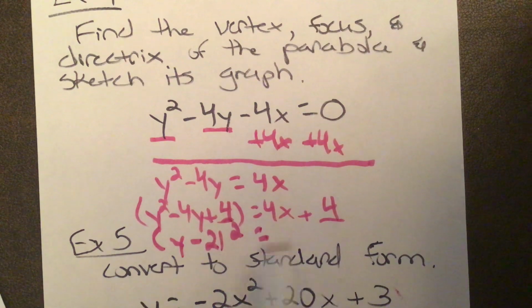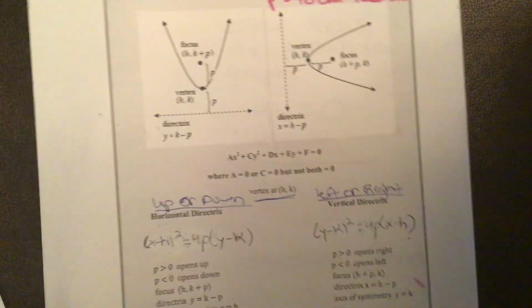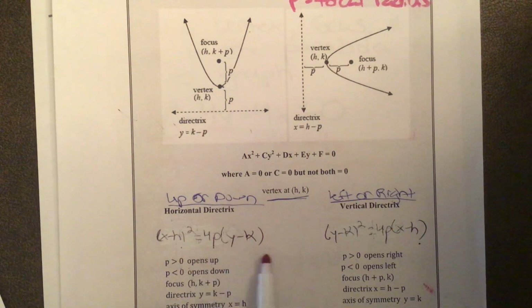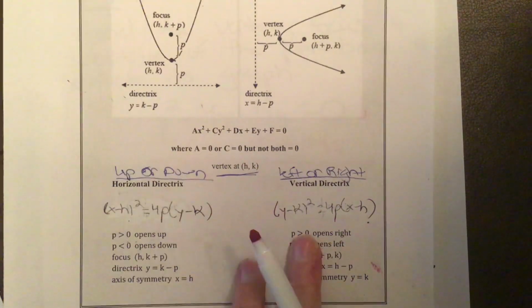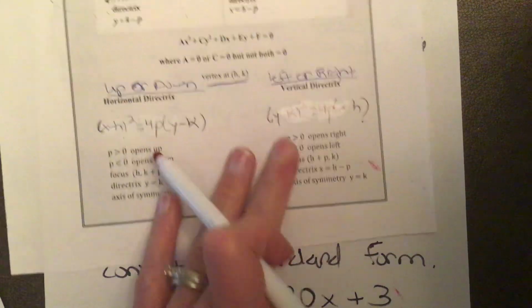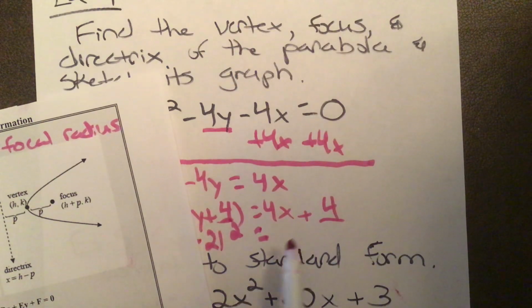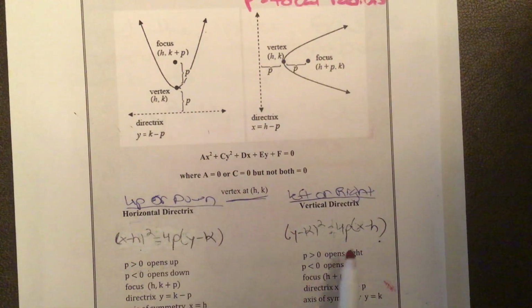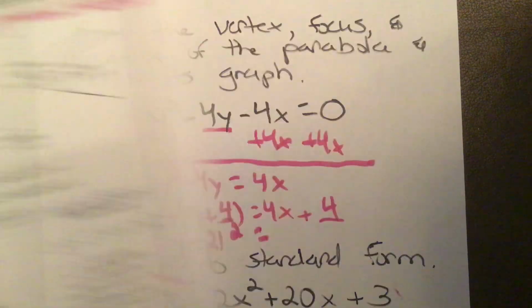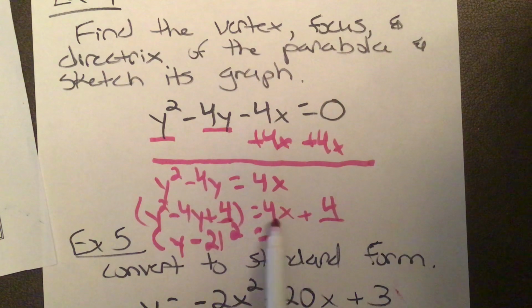Now this side, we've got to go back and look at our equation. The way we want it to look, right now we have 4x plus 4. We can't have that. We just have to have x plus or minus something in parentheses. So we always have to factor out the coefficient of the x.